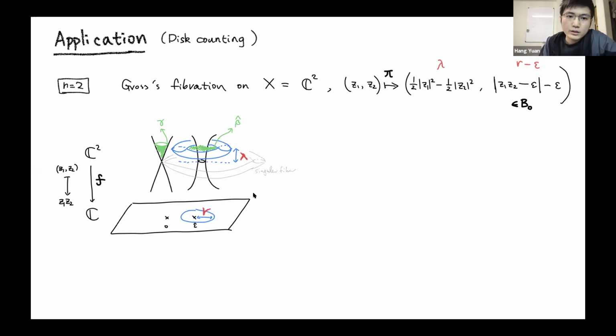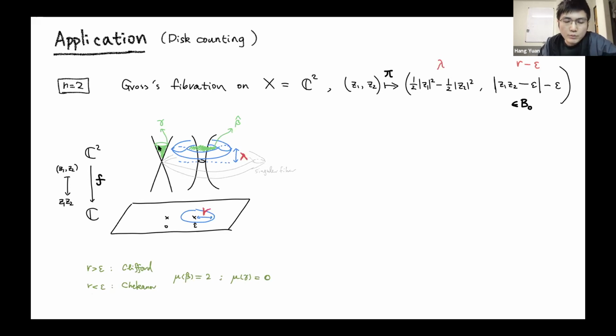Basically here you have two parameters, lambda and R. Lambda is roughly the height of the torus, and R is the radius of the circle. If R is greater than epsilon, it is called Clifford type, and if R is less than epsilon, it is called Chekanov type.